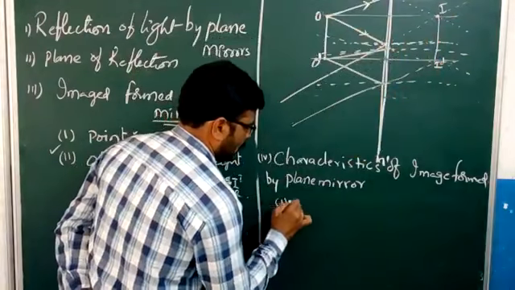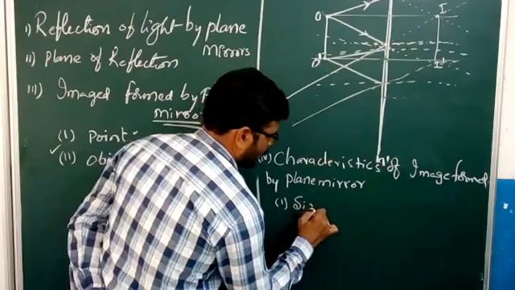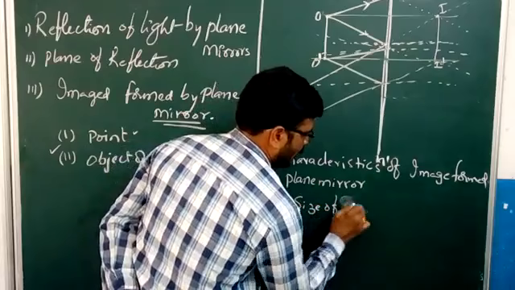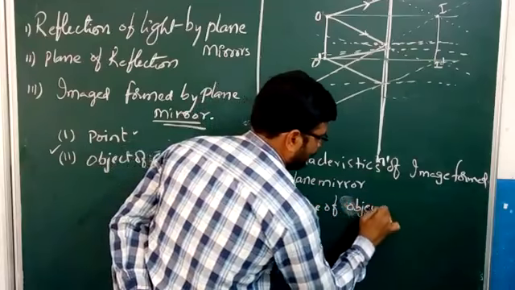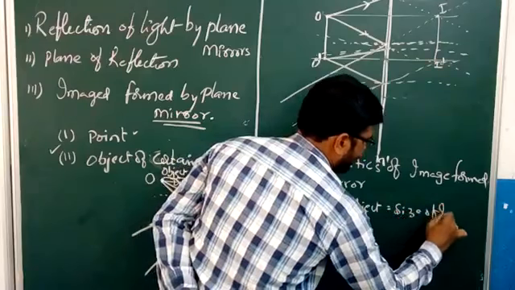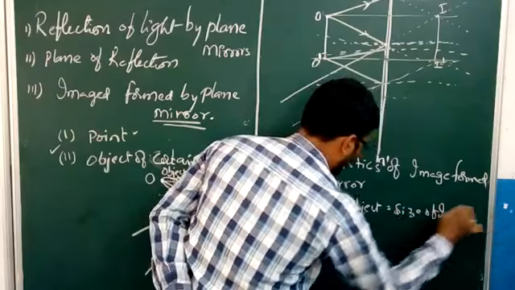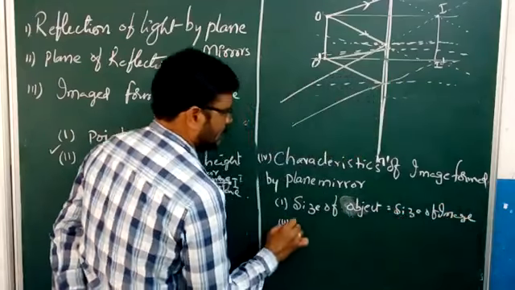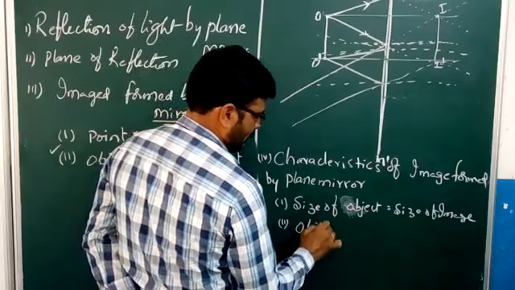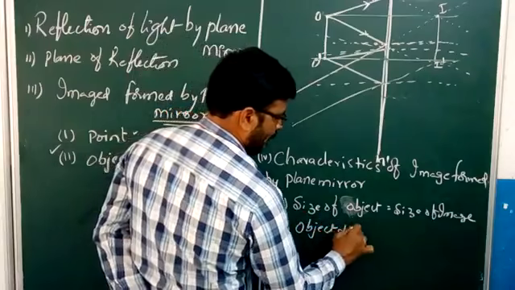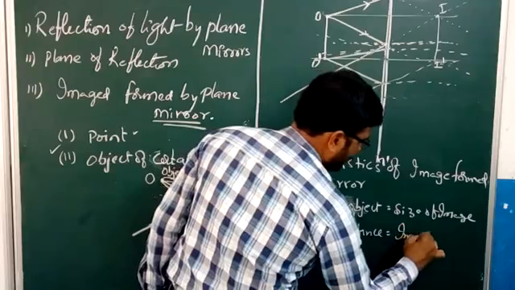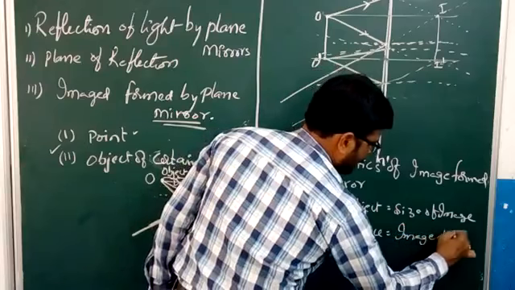First one, size of the image is equal to size of object. Second characteristic, object distance is equal to image distance.